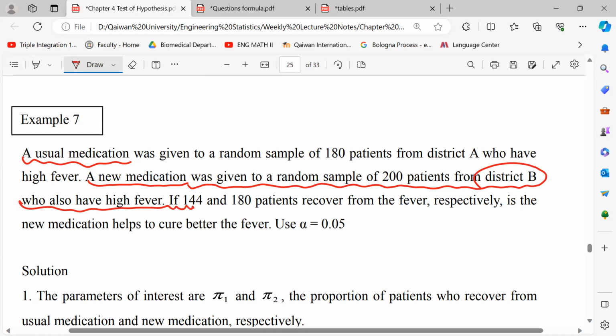If 144 and 180 patients recover from the fever.